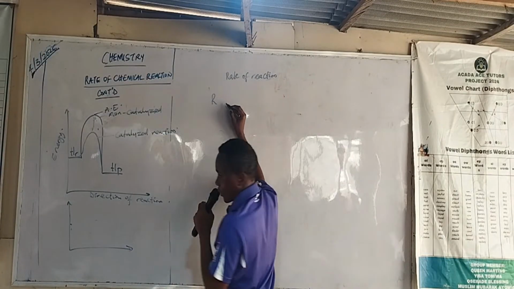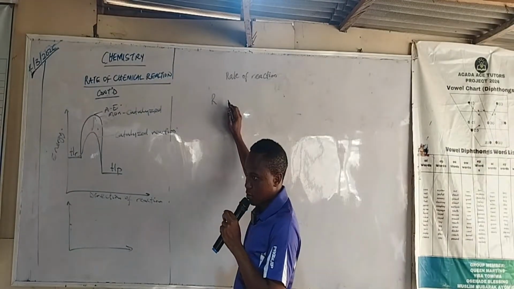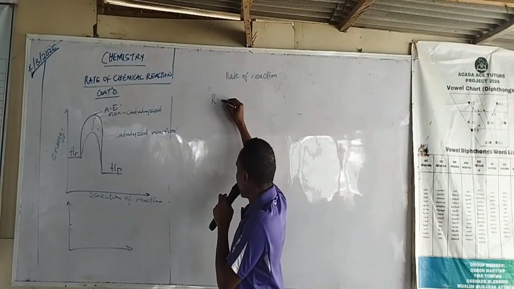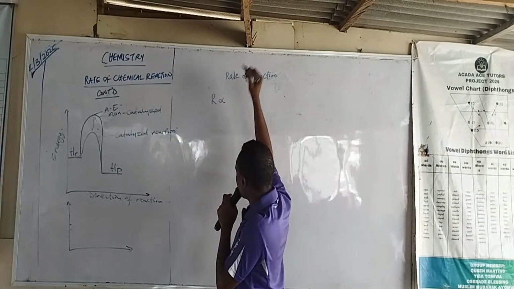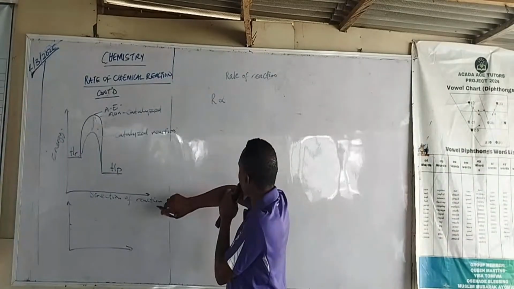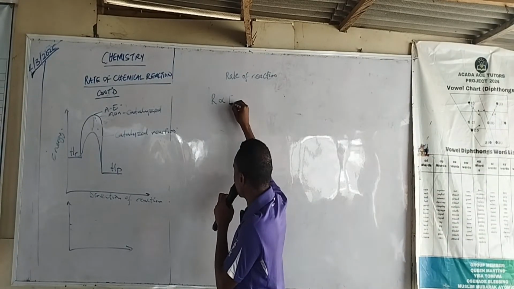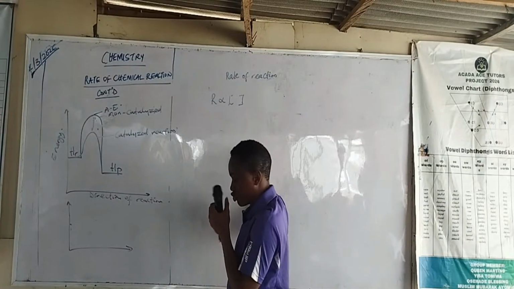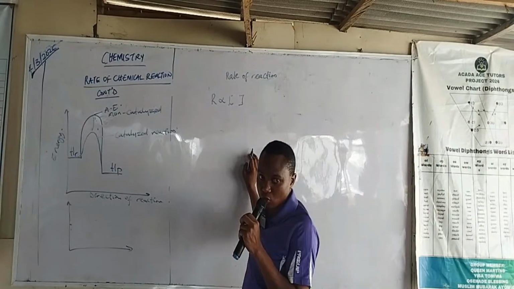We can have rate of reaction. For rate of reaction, we can say it is proportional to the concentrations that we want to relate it to.